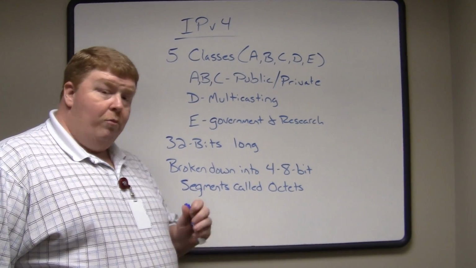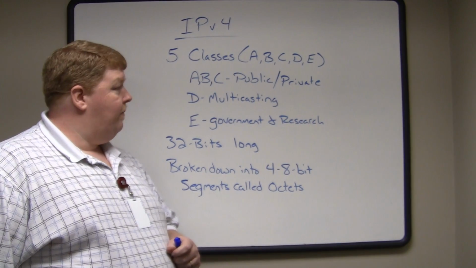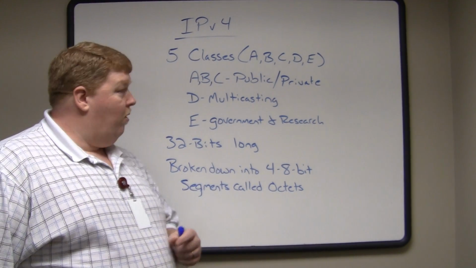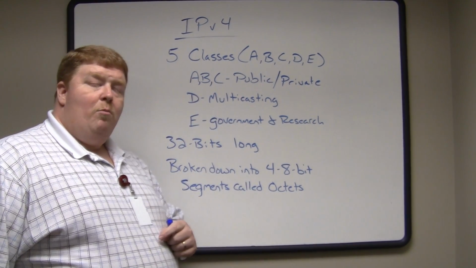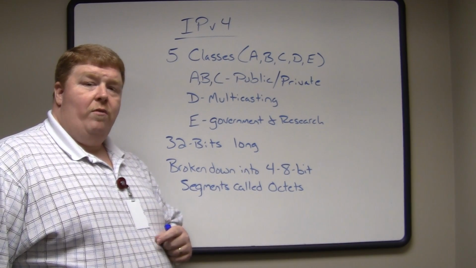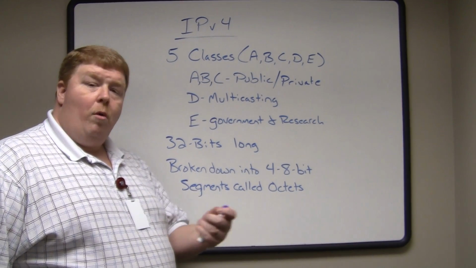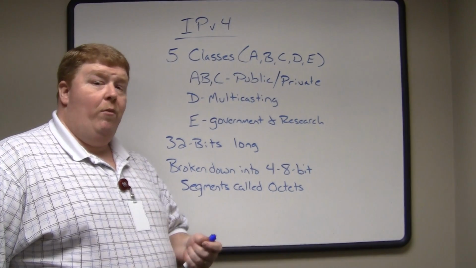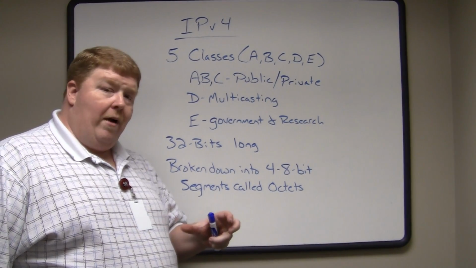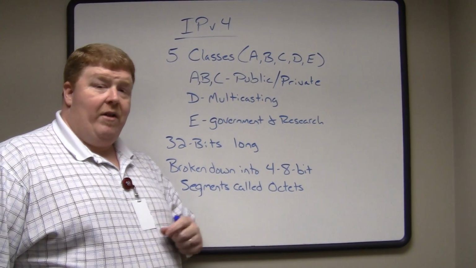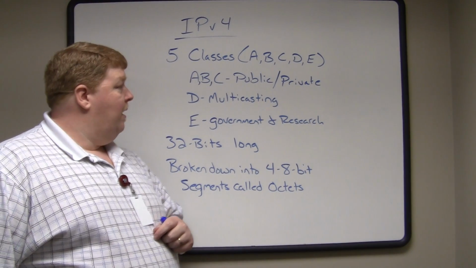When you get on the internet, you must have a public IP address. Private IP addresses, which are also in classes A, B, and C, are what you're going to use for your internal network or your corporate network, or for that matter, even your home network. If you have a little home router at your house, then you have a private IP address at your house.